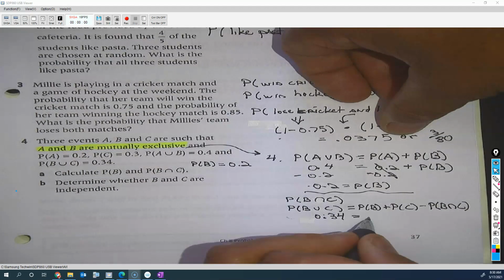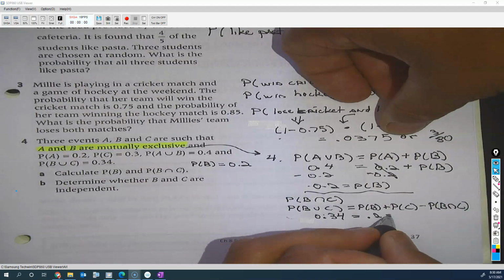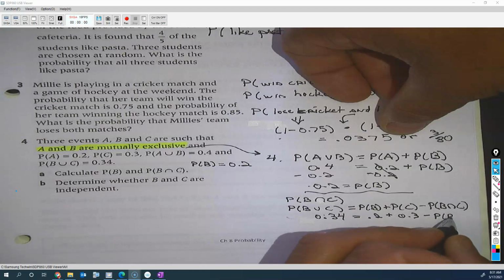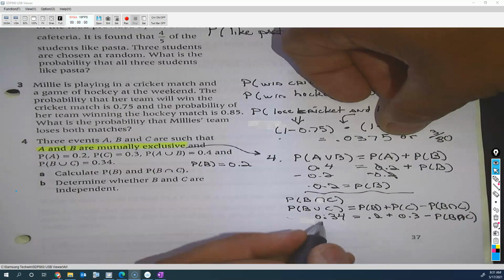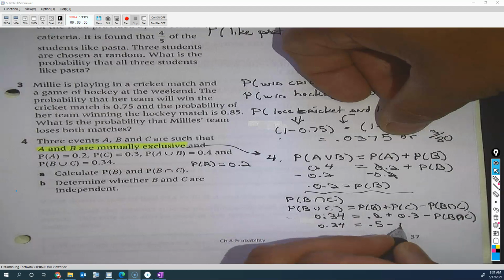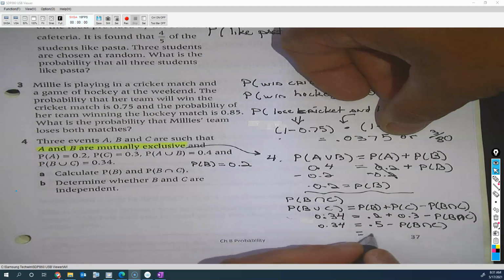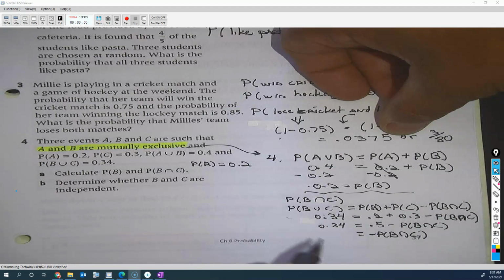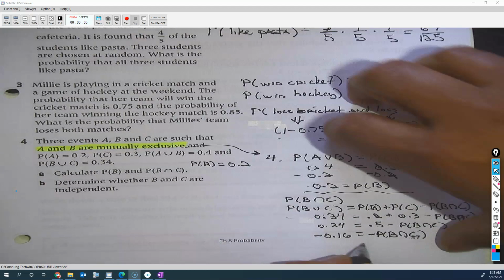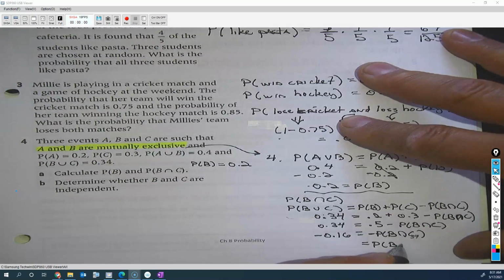Okay, this is 0.2, and this is 0.3. So they'll solve for that. So 0.34 minus 0.5, P of B intersect C is going to be negative 0.16. So it equals 0.16.